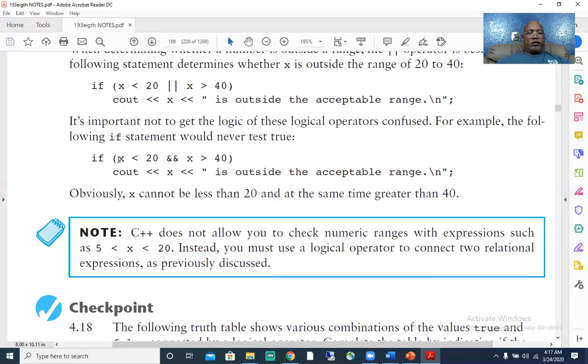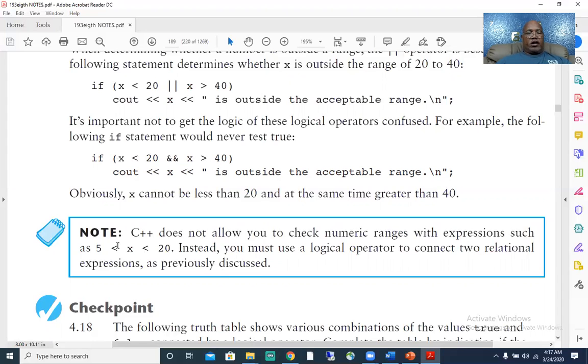Remember we had P and Q, checking to see if it's greater than, less than, equal to, not equal to, etc. Then you've got your logical operator, and then either a repeat of the same variable or any other two variables or variable and constant on the other side.